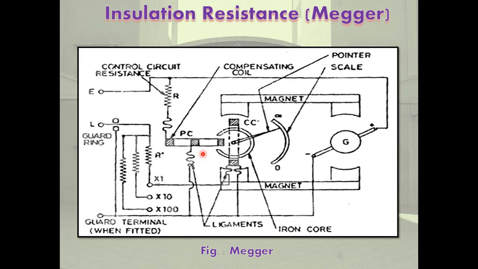When measuring the insulation resistance between different windings, the Megger probe should be connected directly to the windings. So this is how the Megger is used to measure the insulation resistance of any equipment, transformer, motor, etc.